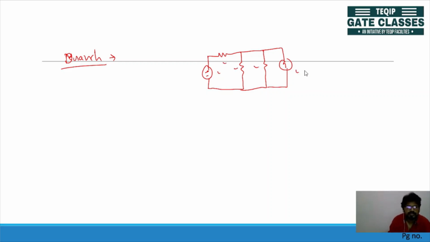Okay, and what is a node? Node is basically the interconnection of 2 or more than 2 branches, where 2 or more than 2 branches meet together.